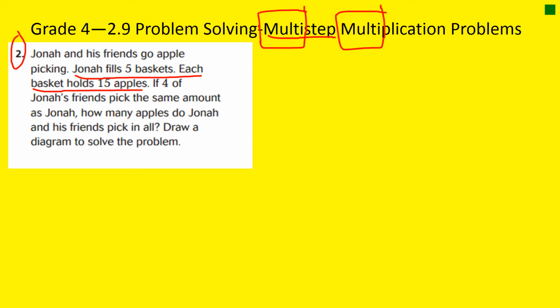If 4 of Jonah's friends pick the same amount as Jonah, how many apples do Jonah and his friends pick in all? Draw a diagram to solve the problem. Okay, so let's see what we have here. There are really a couple of ways that you can do this. And then, of course, we have to draw a diagram.